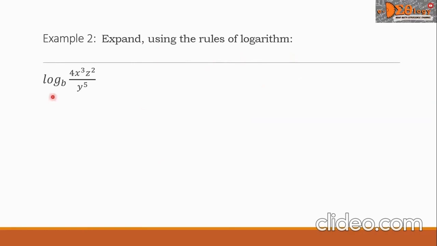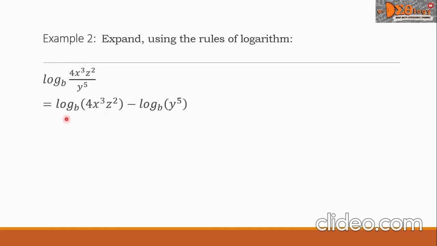So this is log of a fraction where the numerator is 4x cubed z squared all over the denominator is y raised to 5 to base b. So this is taking logarithm of a quotient. So what we'll do is to get the log of the numerator minus the log of the denominator.